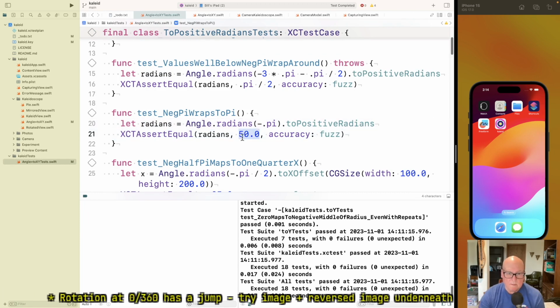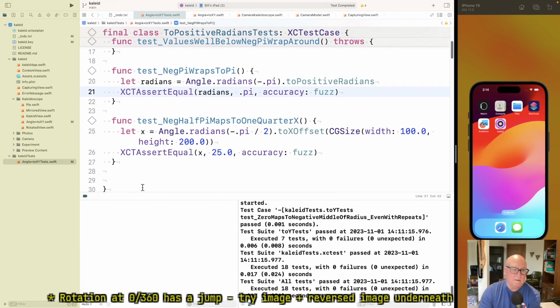Okay, and then negative pi wraps to pi, yes. Okay, negative half pi maps to, well, negative half pi, if you map that around, that should add 2 pi.